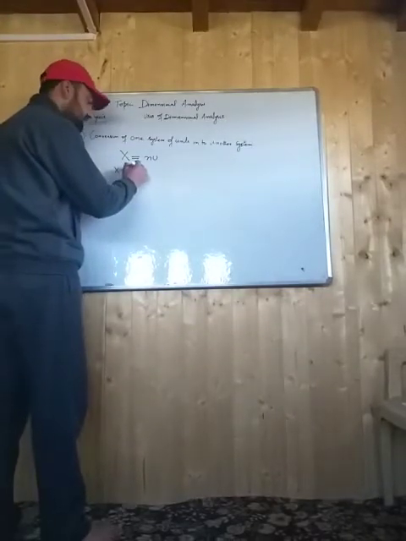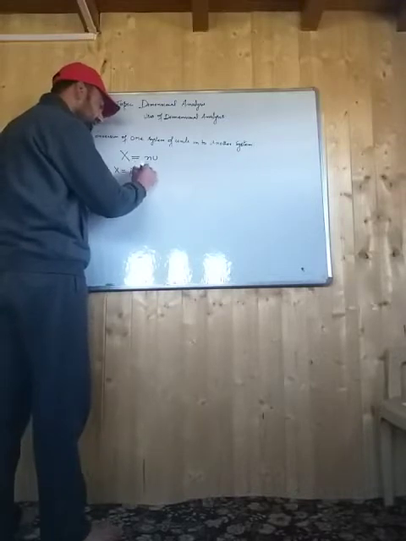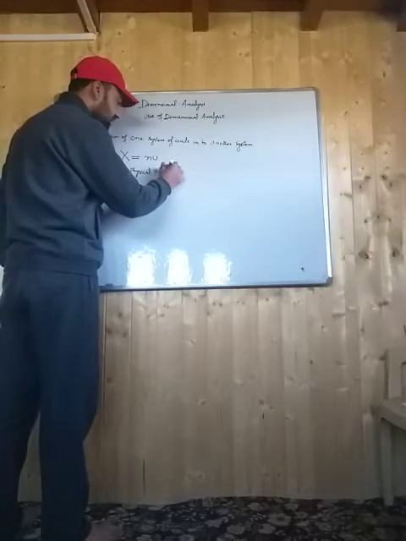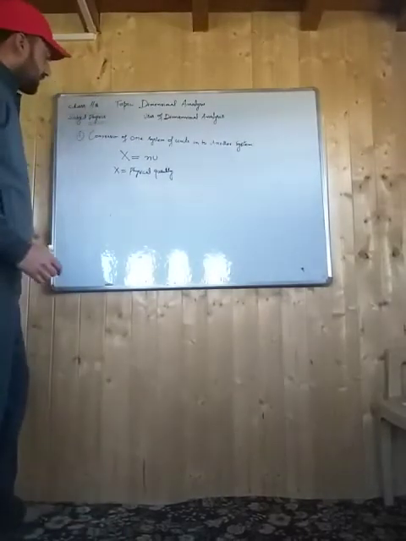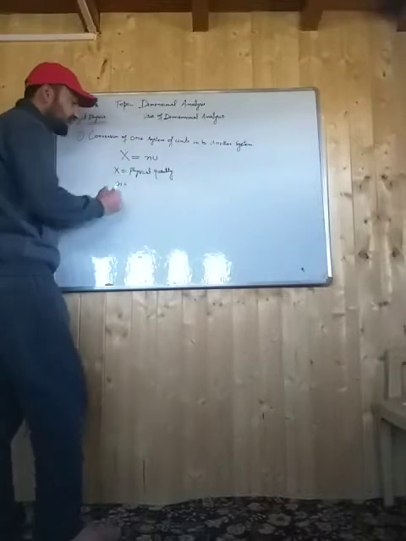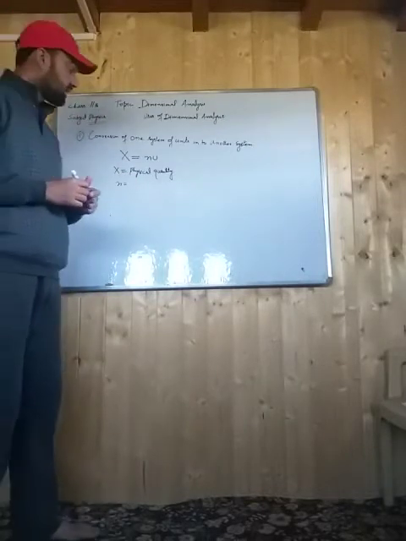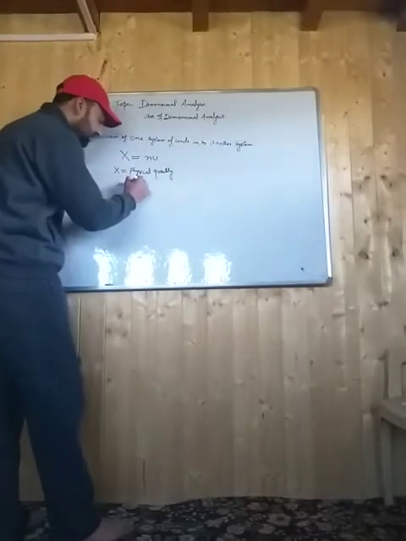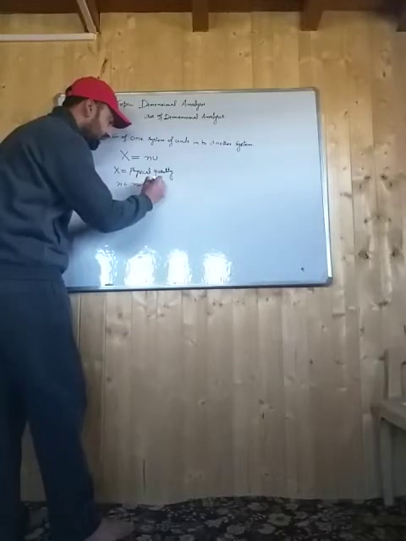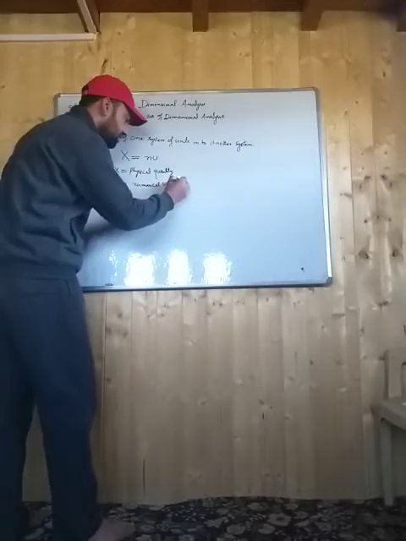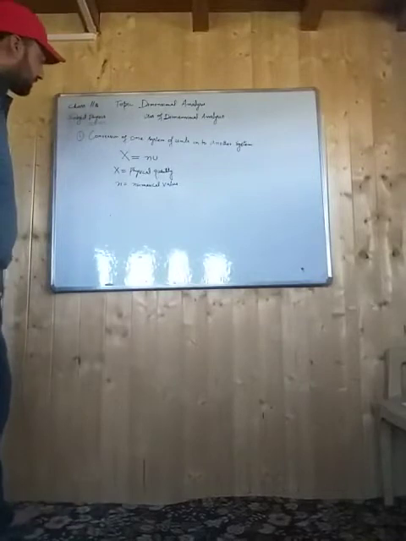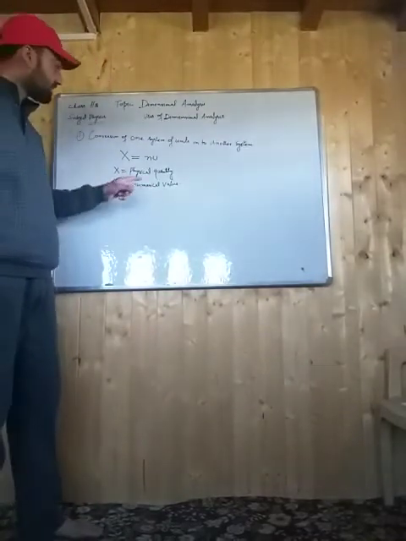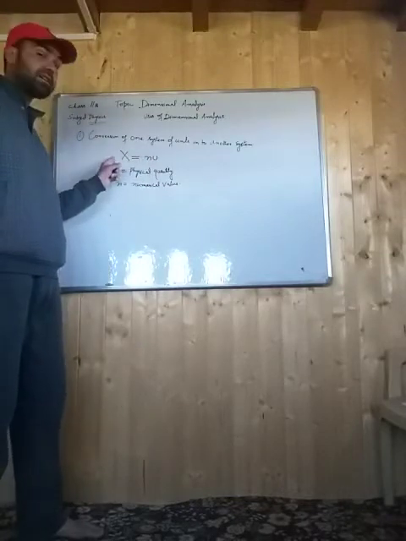X represents a physical quantity. Now n is the numerical value. Numerical value means the number of times the unit is present in this physical quantity.